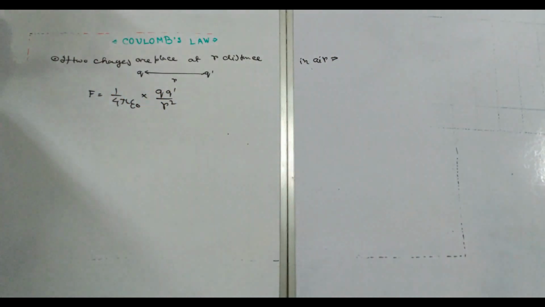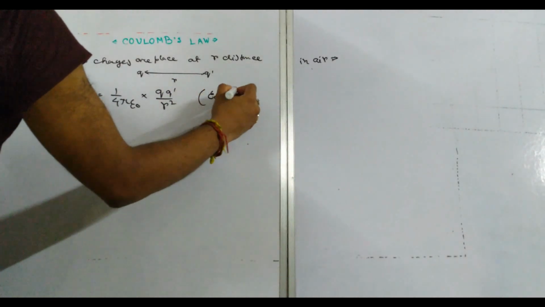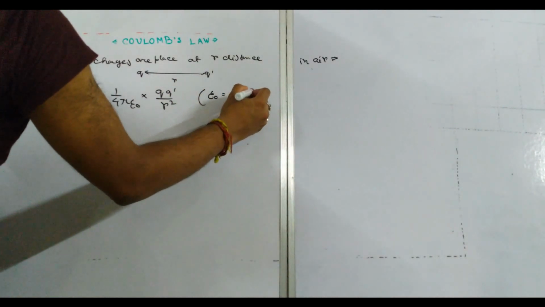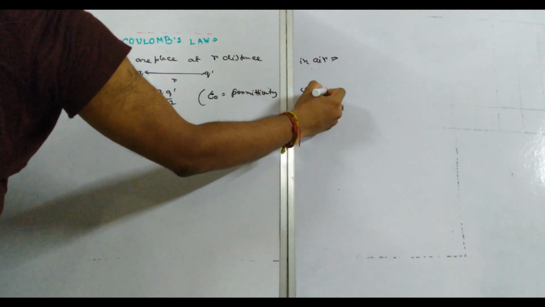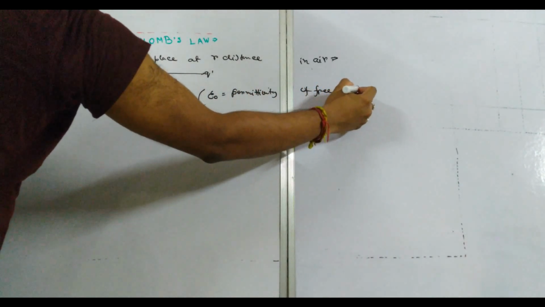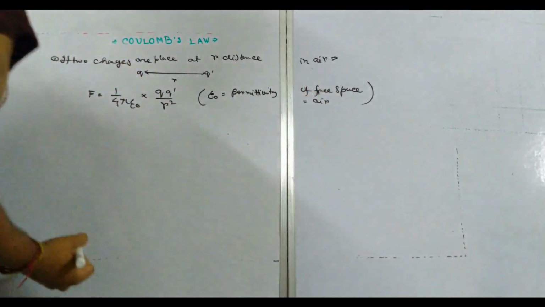We know epsilon naught is the permittivity of free space, or air, that may also be considered air.